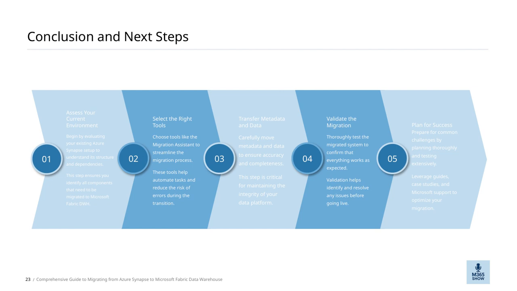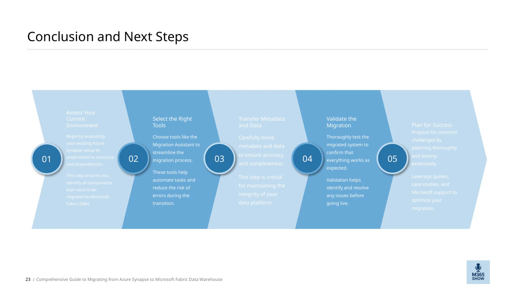Then, move on to transferring metadata and data carefully. Ensuring accuracy and completeness here is critical because it maintains the integrity of your entire data platform. You want to make sure everything is transferred correctly so your new environment functions just as expected. After the transfer, thorough testing is vital. Validate the migrated system to confirm everything works properly.